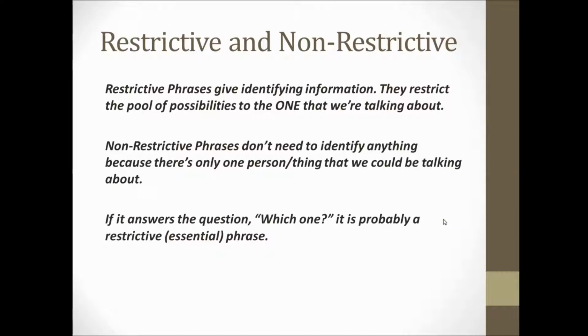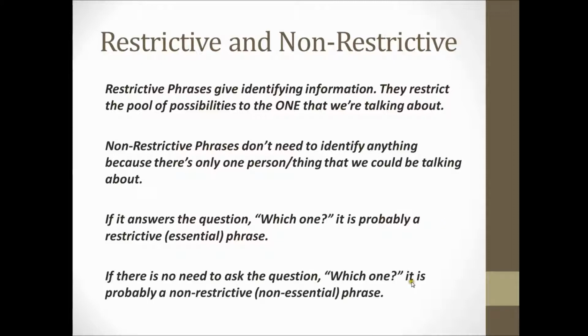Another way to think about it is if it answers the question, which one, which coach, which sister, which dessert, then it's probably a restrictive or, as your book says, essential phrase. But if there's no need to ask that question, if there's only one thing that we could be talking about, then it's probably a non-restrictive or non-essential phrase, or optional, as your book uses that term. Let's look at a few examples.